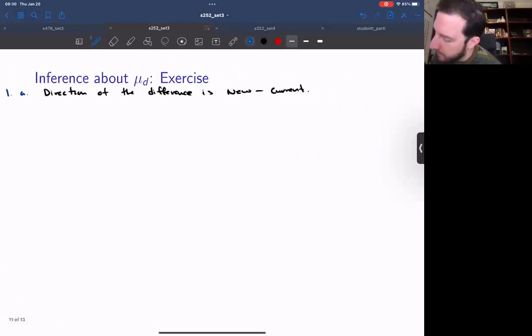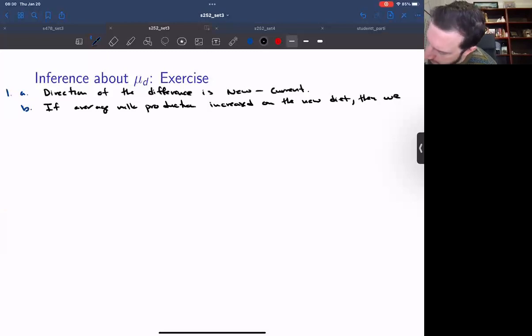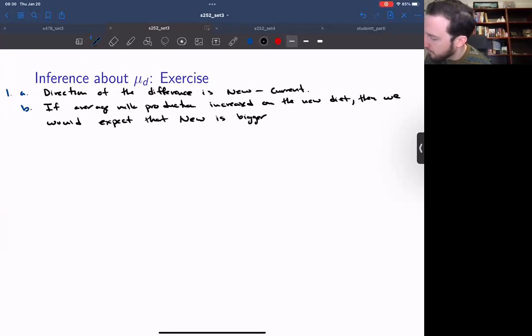All right. So here we would then say, if average milk production increased on the new diet, then we would expect that new is bigger than current.